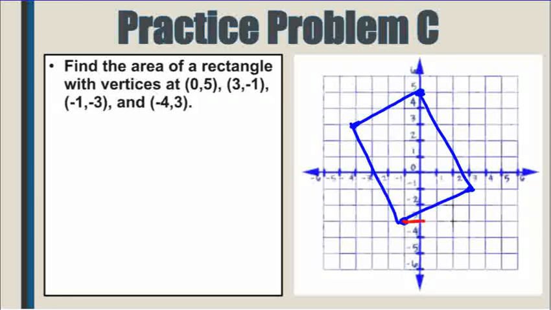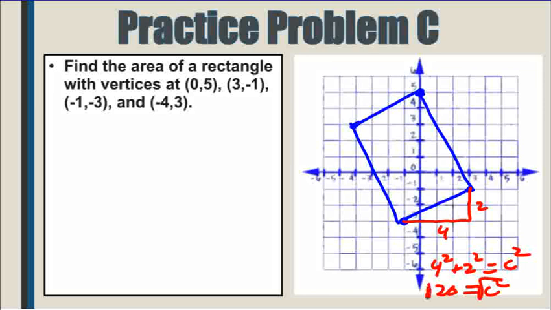We have 1, 2, 3, 4, 1, 2, so we got 4 squared plus 2 squared equals c squared. So 16 plus 4 is 20. C squared, that means the square root gives us the square root of 20.